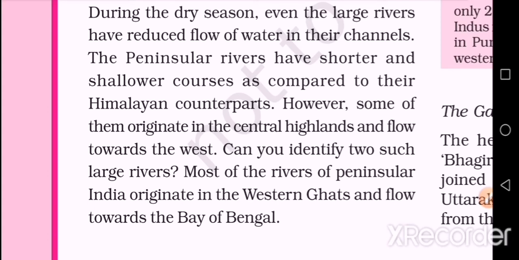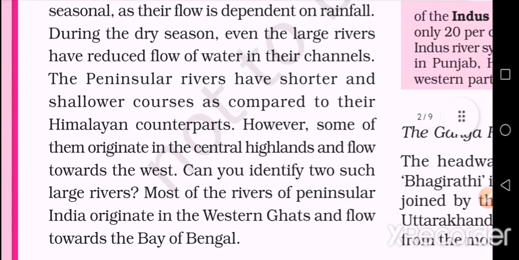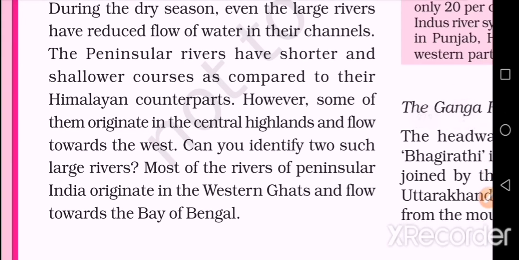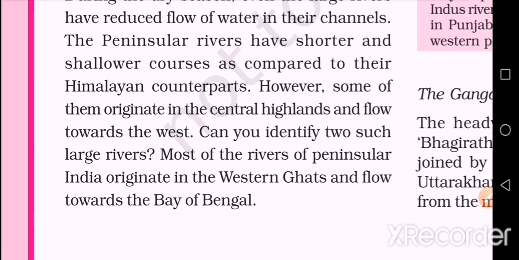Particularly, Narmada and Tapti are the two main west flowing rivers. The remaining rivers like Krishna, Kaveri and Godavari all flow eastward. They originate in the Western Ghats and end in the Bay of Bengal, whereas west flowing rivers end in the Arabian Sea.